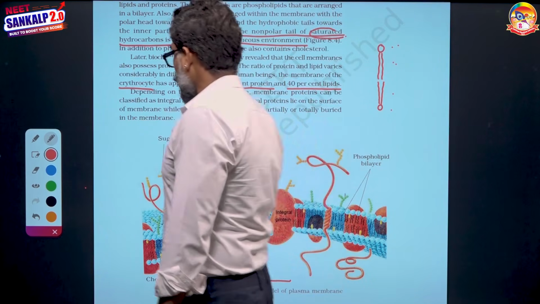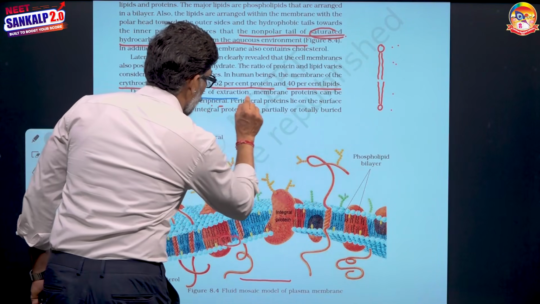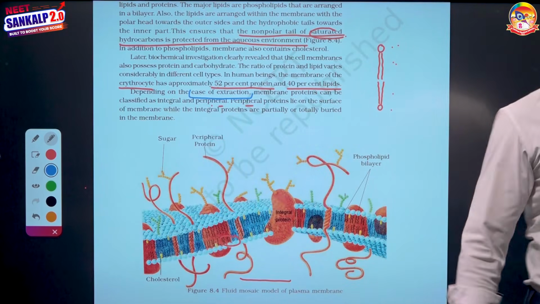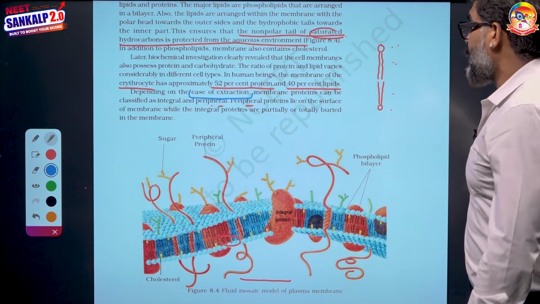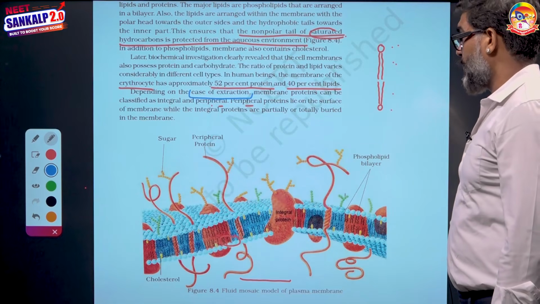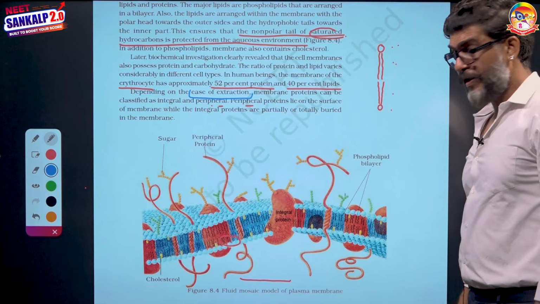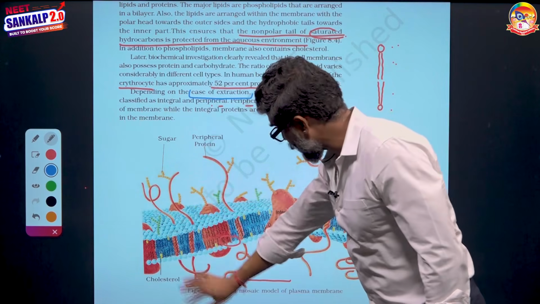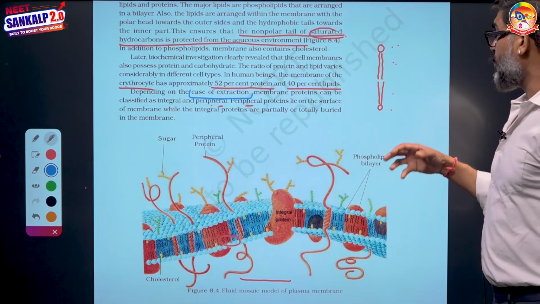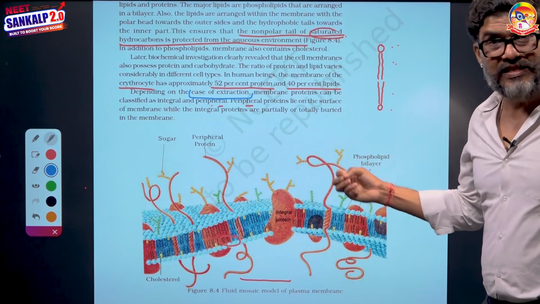Then, depending on ease of extraction, this line is very important. On the basis of ease of extraction, the membrane proteins can be classified as integral proteins and peripheral proteins. Peripheral proteins lie on the surface of the membrane, towards the outer side as well as towards the inner side, while the integral proteins are partly or totally buried in the membrane, so their detachment is not easy.